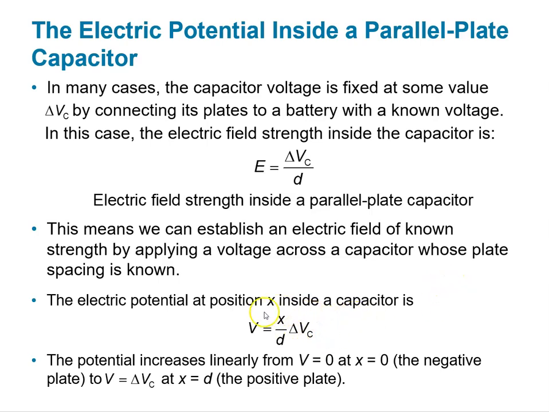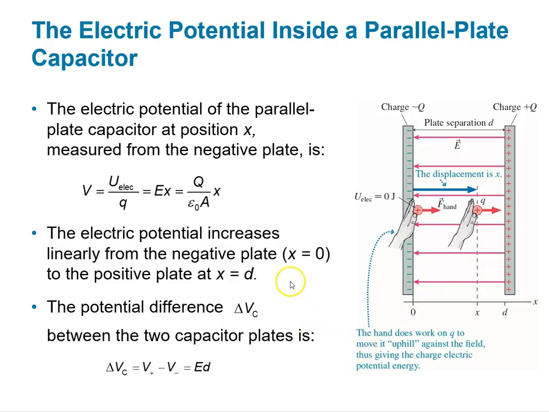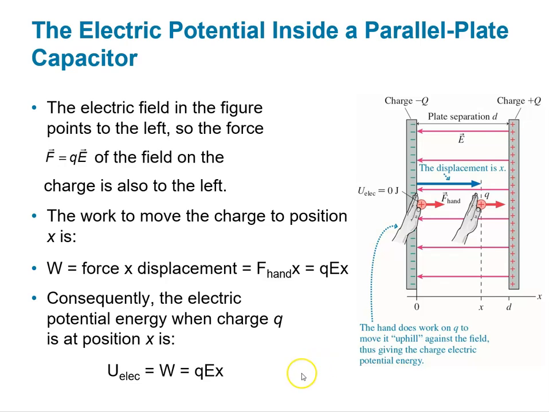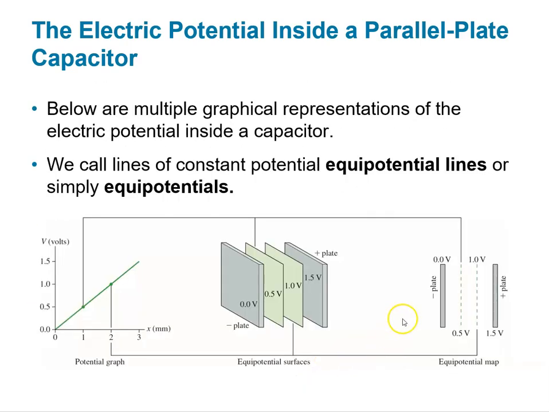But if you want to know the potential at any certain position, that's just equal to that position divided by d, the separation between the plates, times the potential of the capacitor. We'll do a problem where we'll look at that. I think I just went backwards. Okay, there we go.